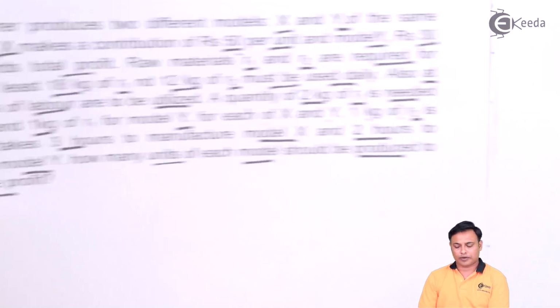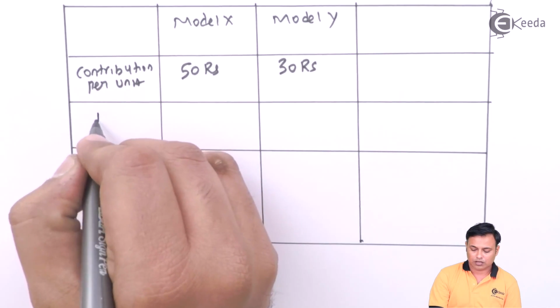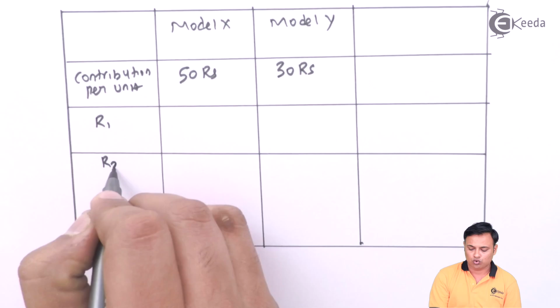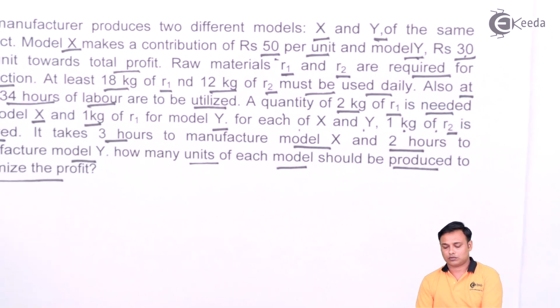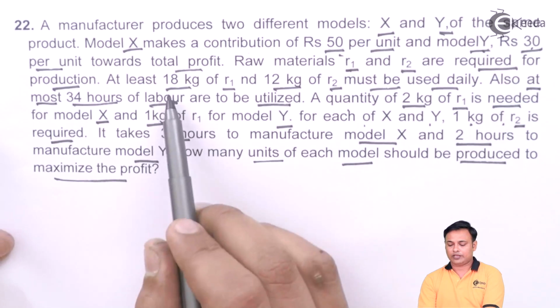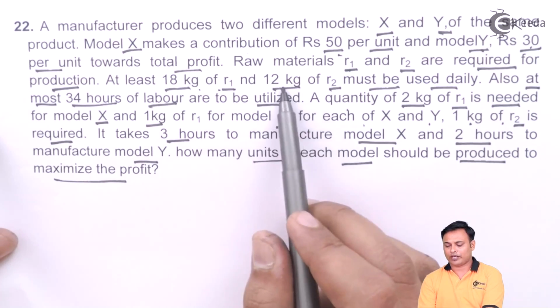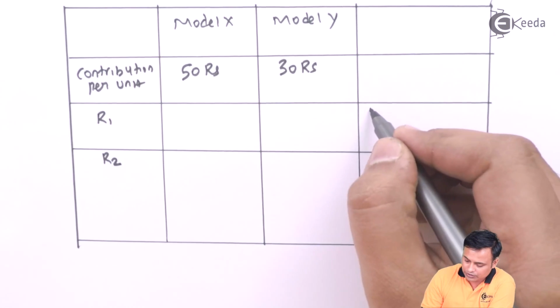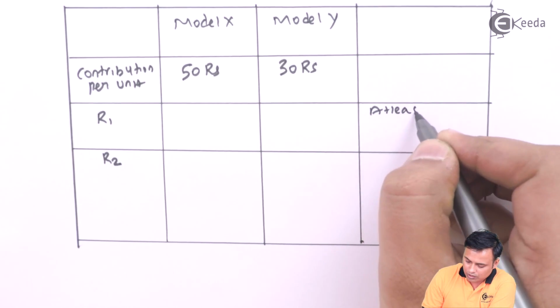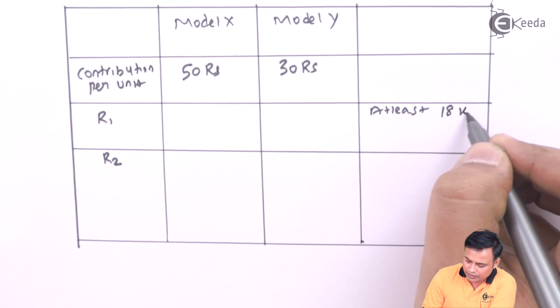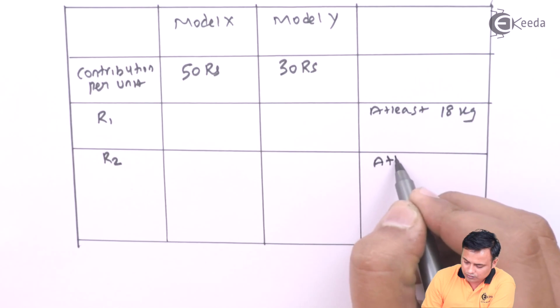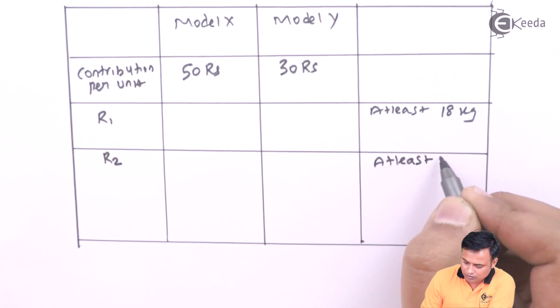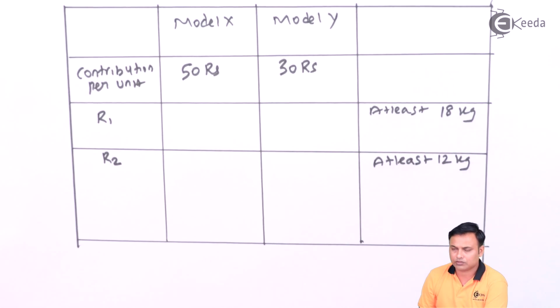Then we need two raw materials R1 and R2. At least 18 kg of R1, 12 kg of R2 must be used daily. So here is a condition. At least 18 kg of R1 and at least 12 kg of R2.